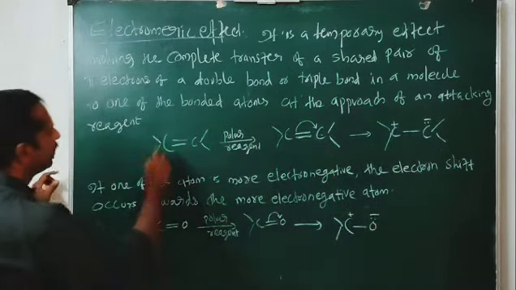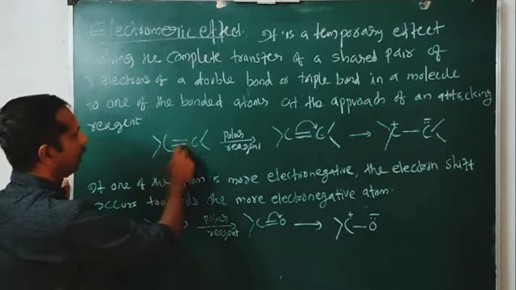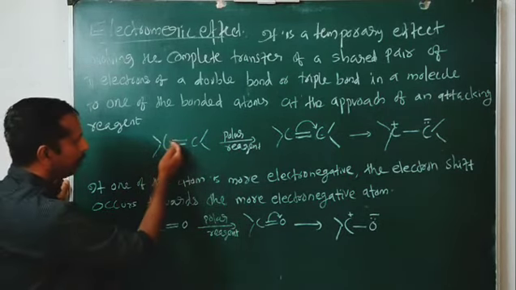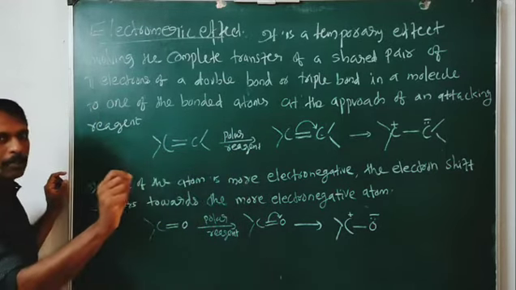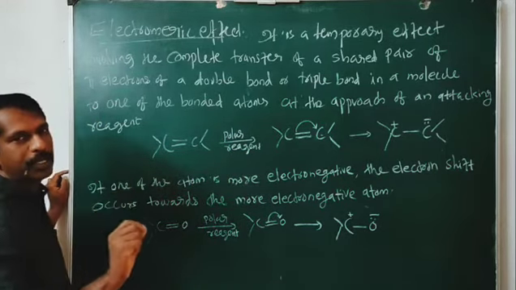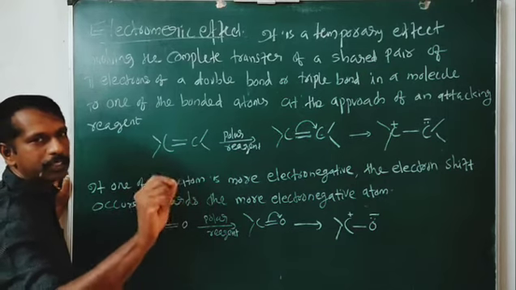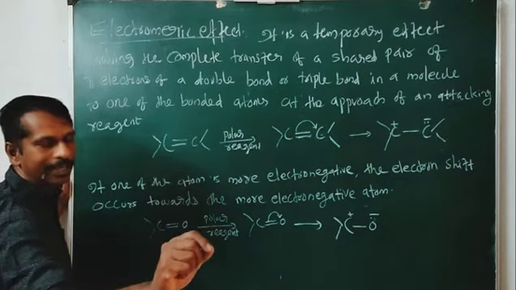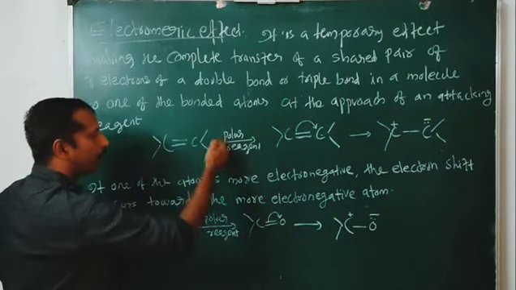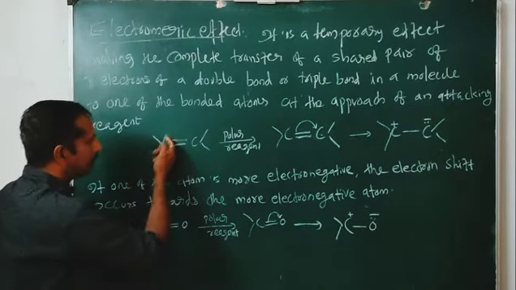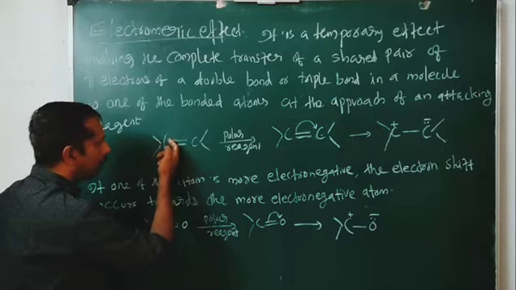That means, see here you can see that C double bond C, this is a pi bond. When a polar reagent, meaning between the atoms there will be a charge separation, one atom is slightly positive and the other atom is slightly negative, that type of reagent. So by the attack of a polar reagent, the pi electrons will be moved from one atom to the other atom.